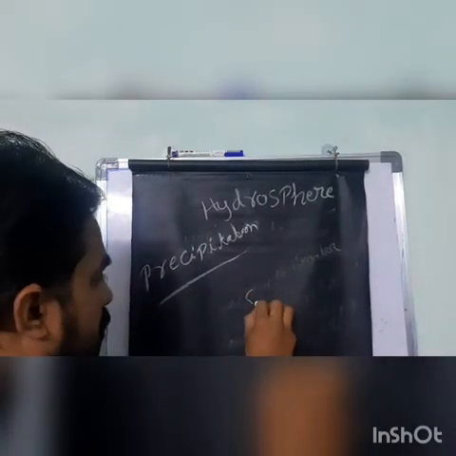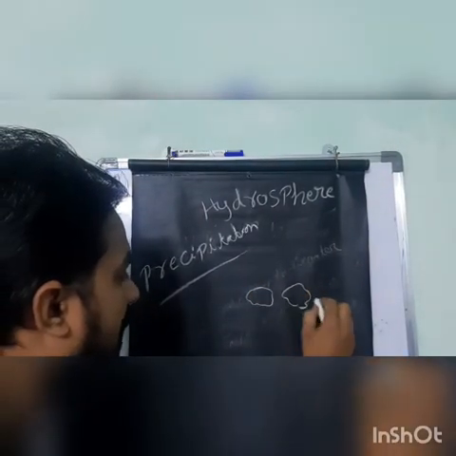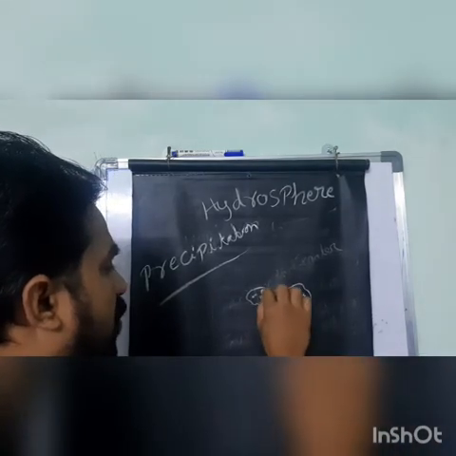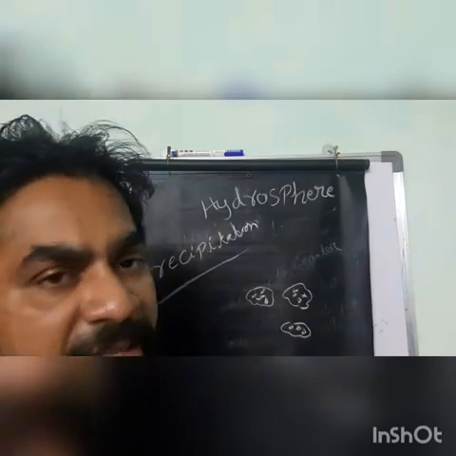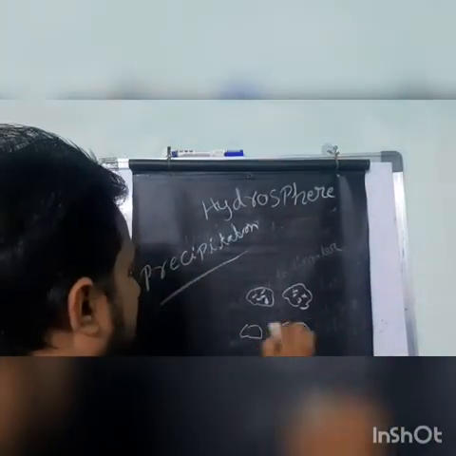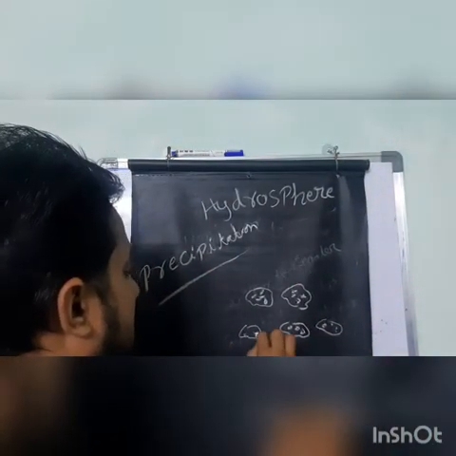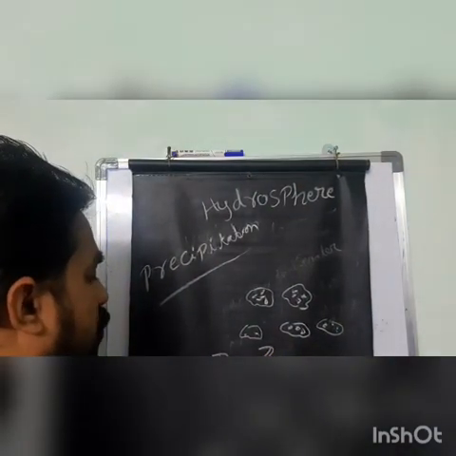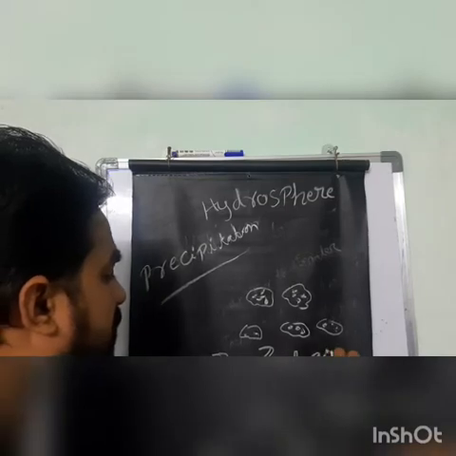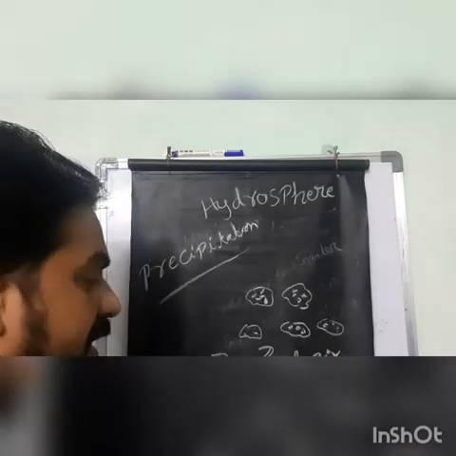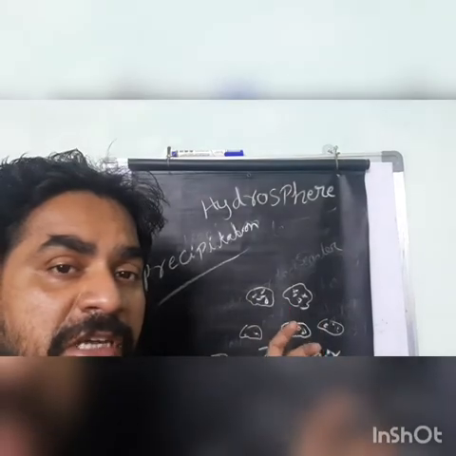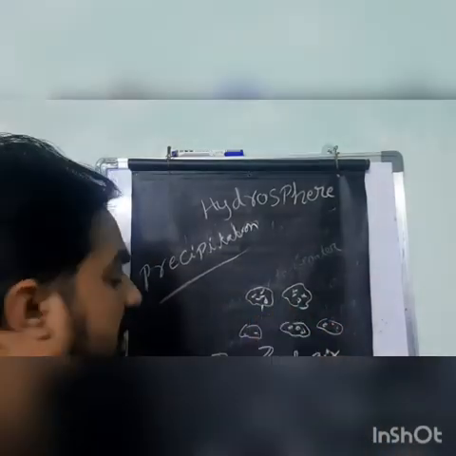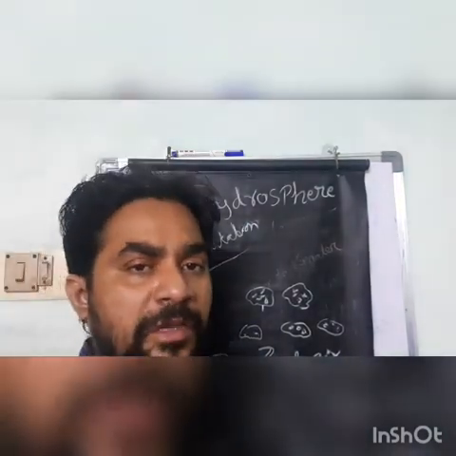Now these are called clouds, and the clouds are converted into droplets. Each cloud has thousands of millions of droplets, and these droplets appear with the cool air. When this cool air reaches the saturation point, at that time the cloud is unable to hold the droplets.